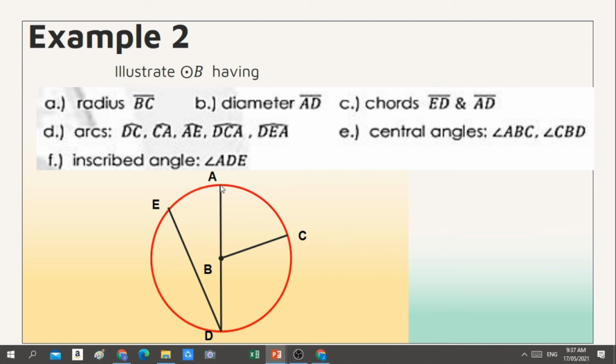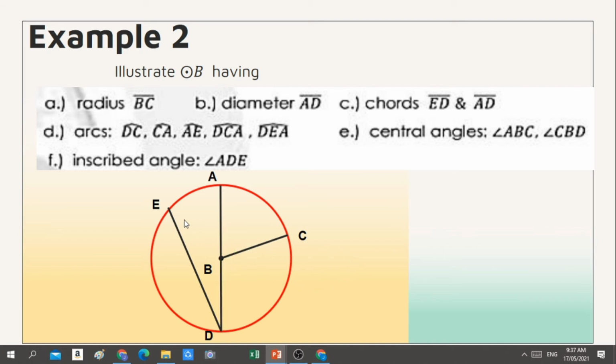First is angle ABC, ayan, central angle because the vertex is the center, and then we have the sides of the angle, which is the radius and another radius. And then we have there angle CBD, another central angle. Okay? Vertex is the center, and then we have the sides, which are the radii of the circle.